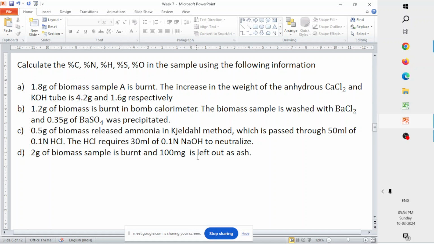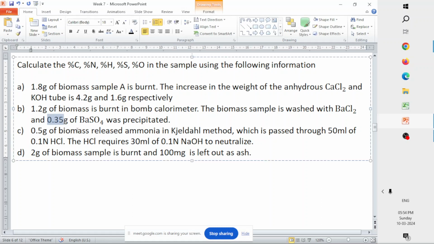Then you take the product and wash it with barium chloride, so you will get barium sulfate, which is a white precipitate. You will be able to clearly see the barium sulfate precipitation. The weight of the barium sulfate that gets precipitated is approximately 0.35 grams. This is another piece of information that we have.